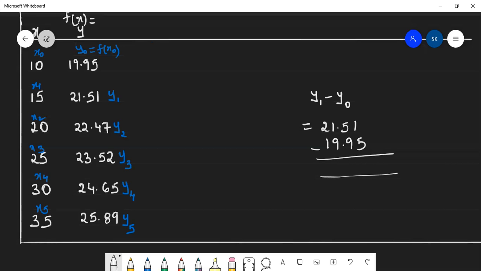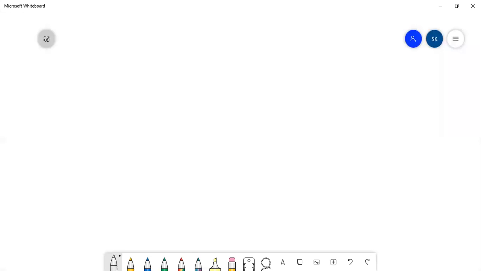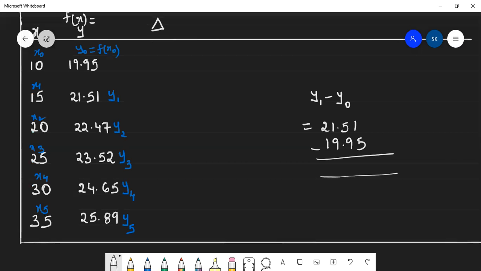The answer is 1.56. So I am writing here, this is my forward delta y. In between these two, y0 and y1, I am writing delta y0 value, that is 1.56.